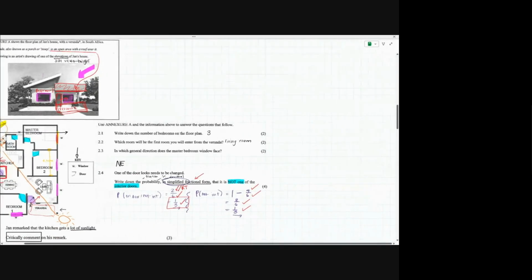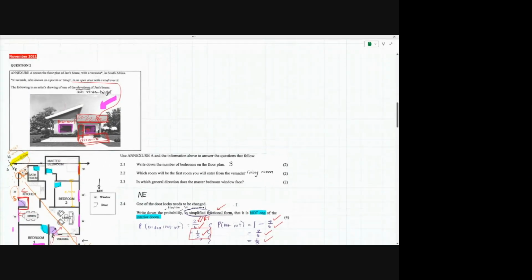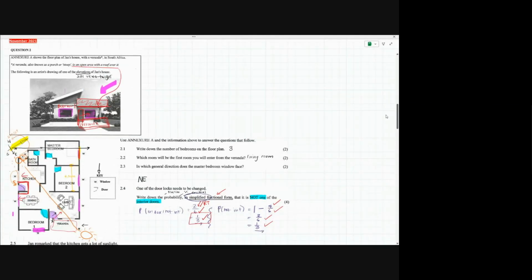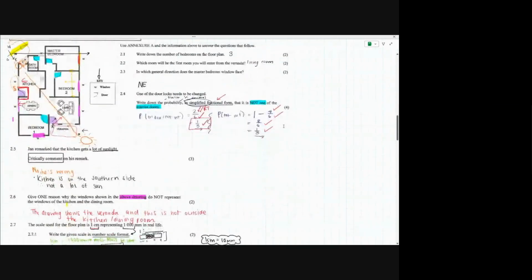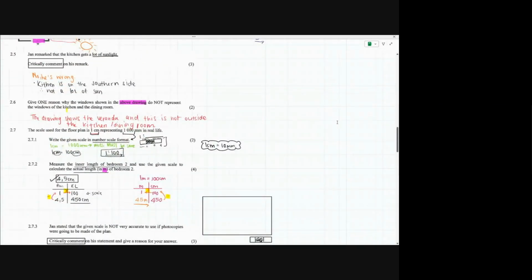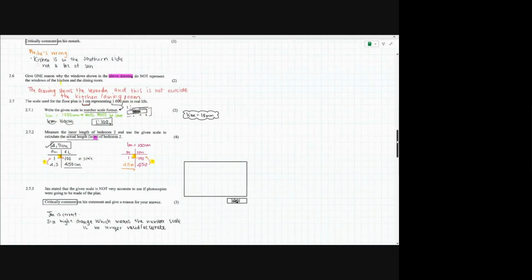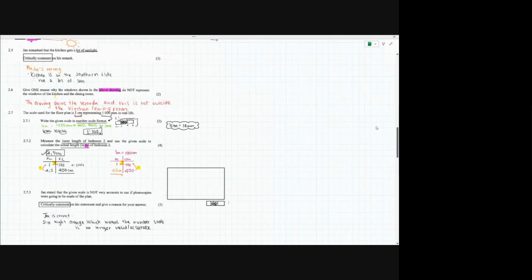Let's do this so we can see everything. Okay, and then this is the last little bits. Sorry, I just got so carried away with our plans.